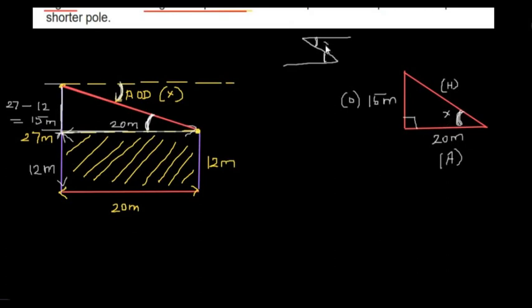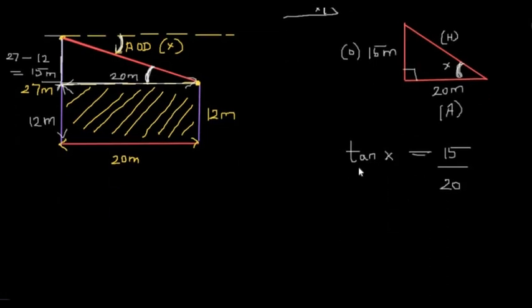So we will take this angle as x. Since it's a Z angle or an alternating angle, this angle also becomes x. So tan of x degrees equals opposite, which is 15, over adjacent, which is 20. Now to find x, I will take the tan to the other side.